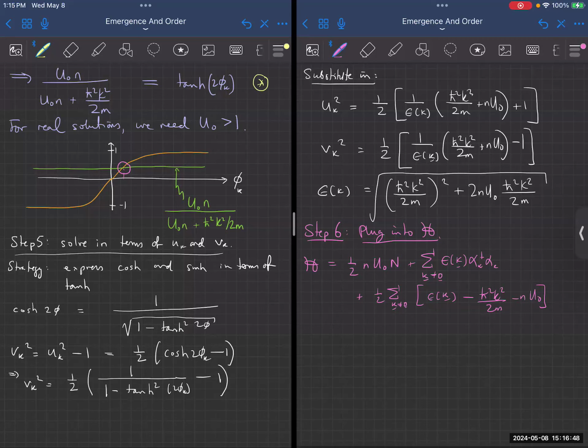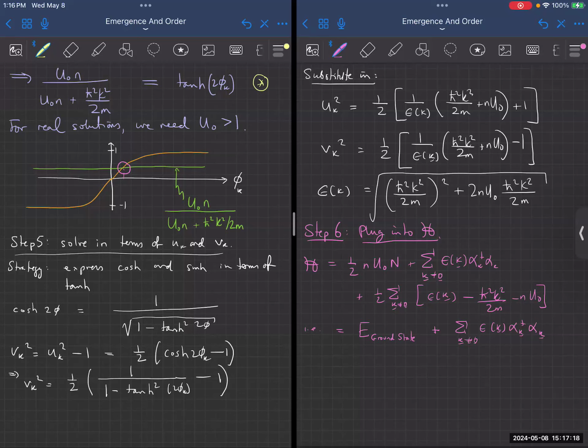And so this whole Hamiltonian is then of the form some energy for the ground state plus the sum over k not equal to 0 of epsilon of k, alpha_k dagger alpha_k.